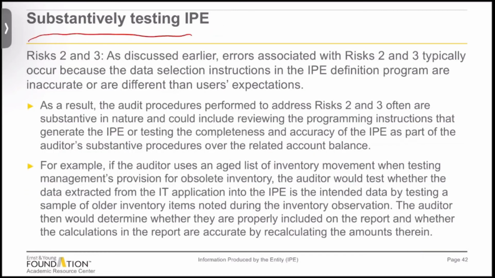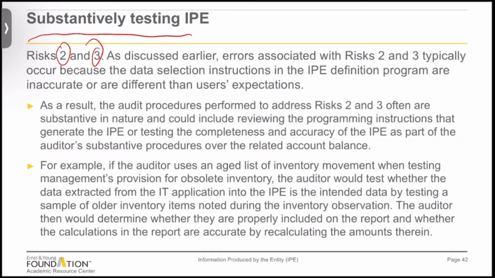Now, to substantively test IPE, for example, the risk 2 and 3, as discussed earlier, errors associated with these risks typically occur because the data selection instructions in the IPE definition program are inaccurate or are different than the user's expectations.